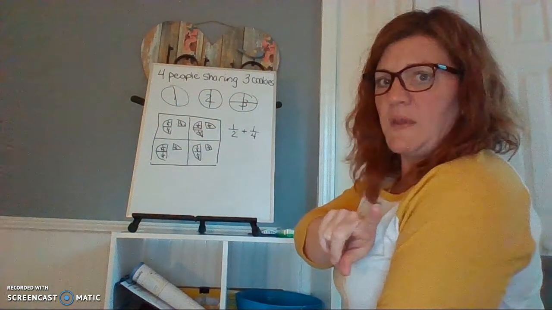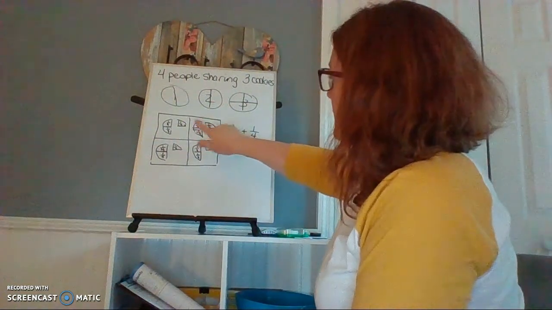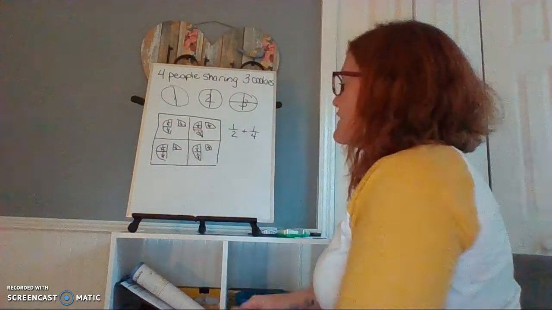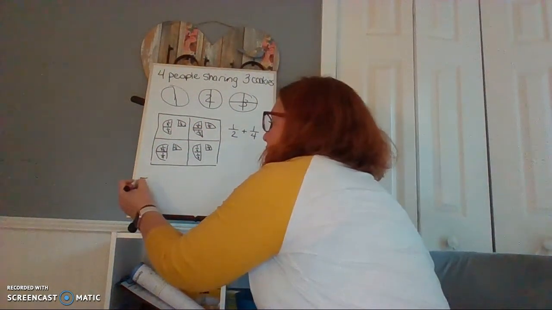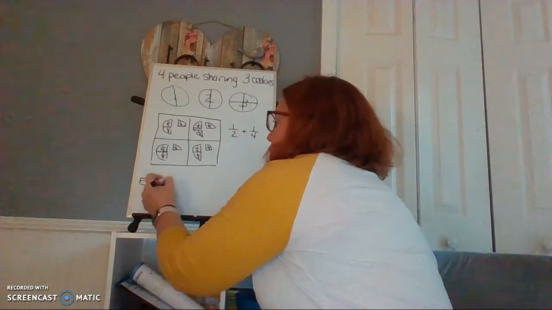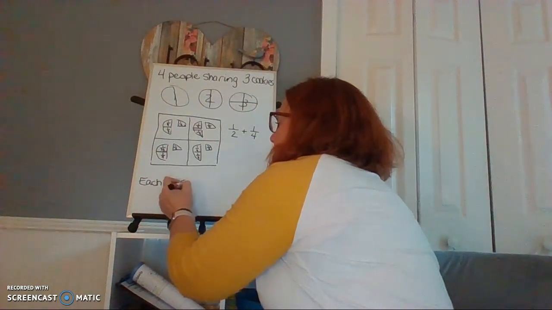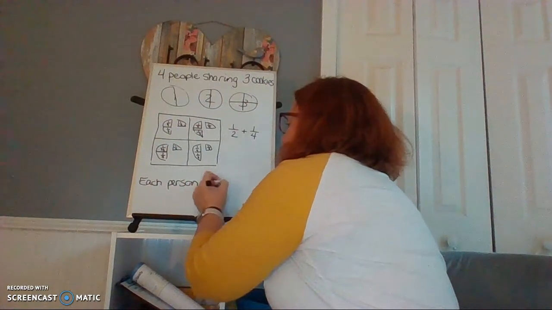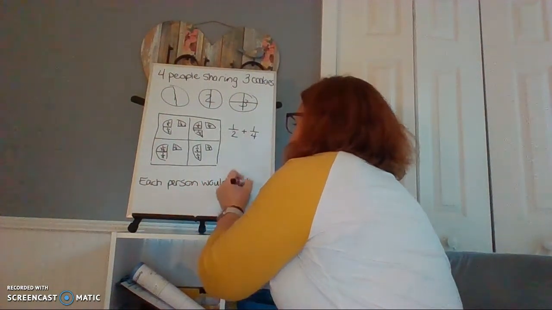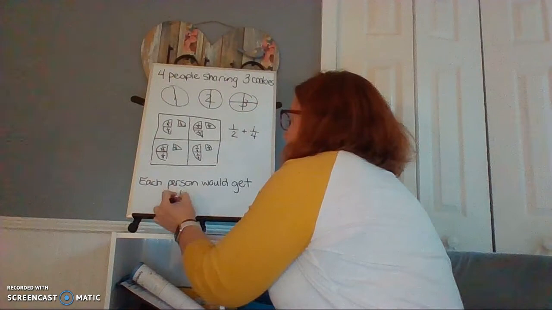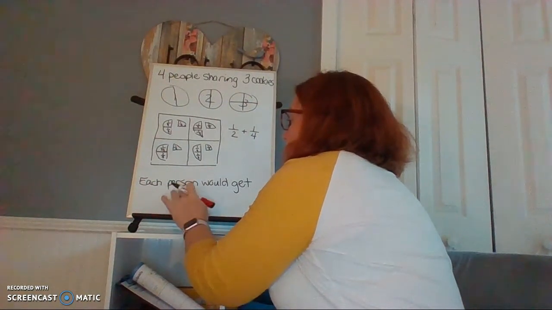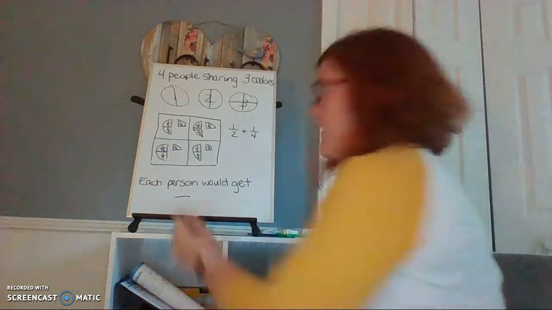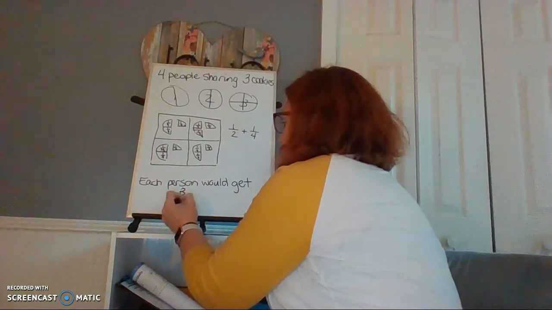So let's count how many each one would get. They would get 1, 2, 3. Each person would get 1, nope, not 1, Miss Juris messed up, 3/4 of a cookie.